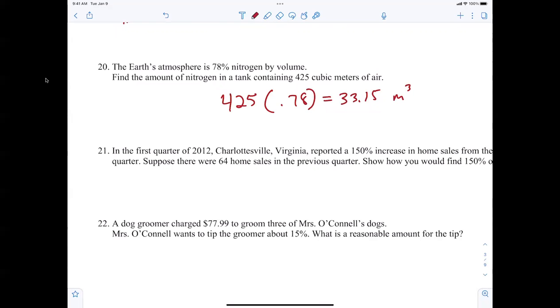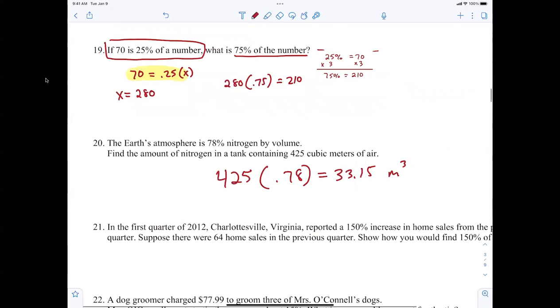This one worked out for 19. Yeah, I thought 330. Yeah, that's what it is. I just didn't write the 3. Is that right? No, it was 300.